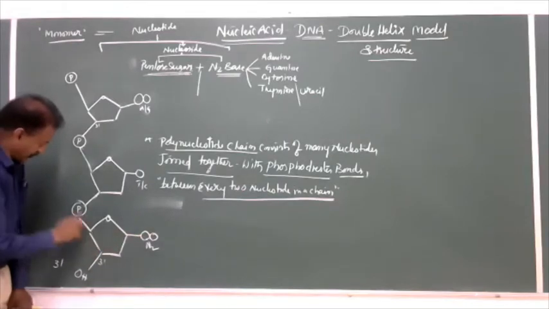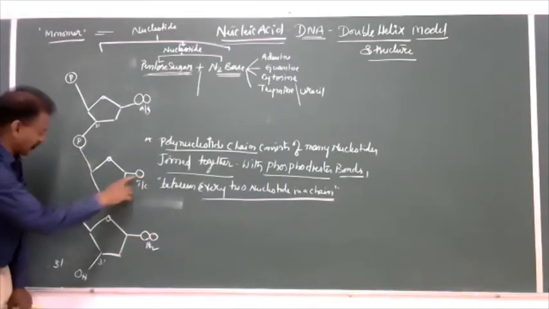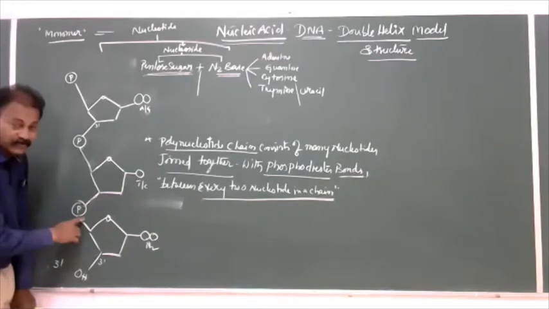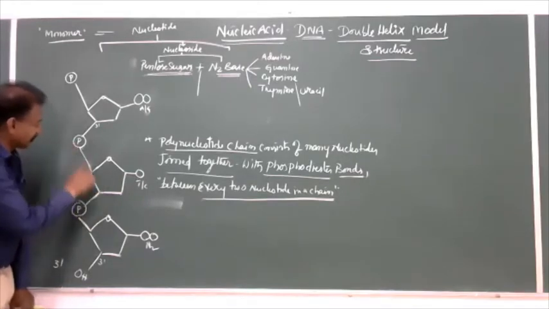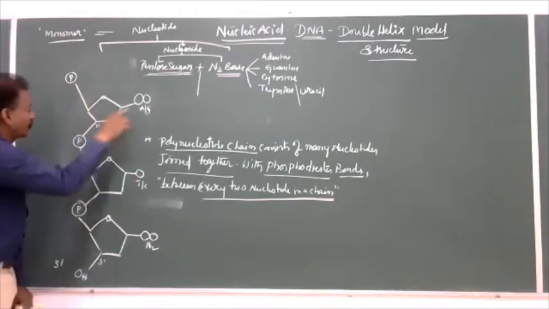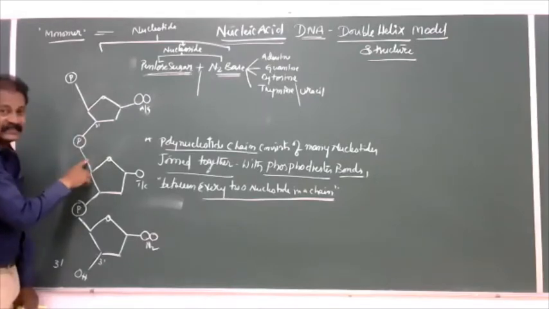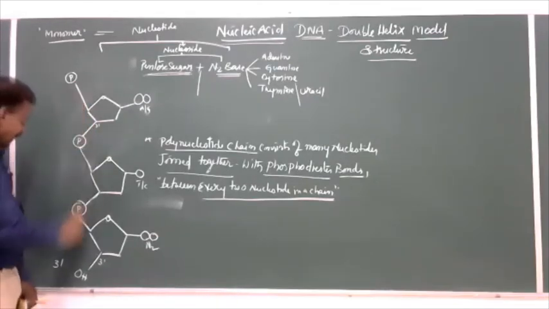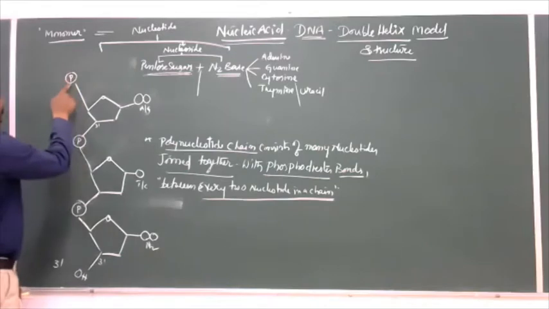One nucleotide bonds with another nucleotide with phosphodiester bonds. Again, this nucleotide bonds with another nucleotide with phosphodiester bonds. And finally, the other end of this chain has a 5 prime phosphate group.